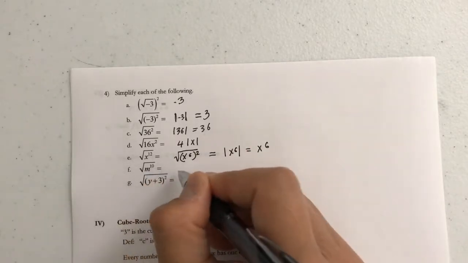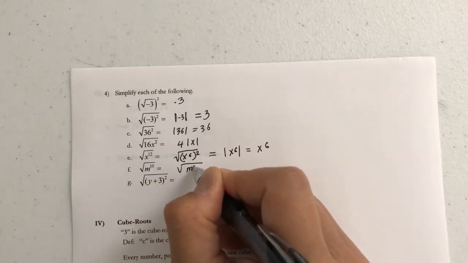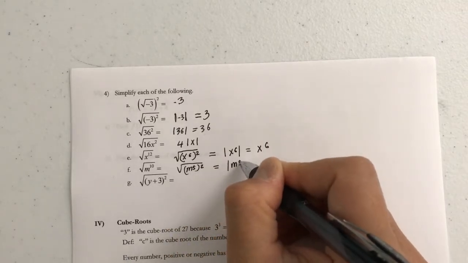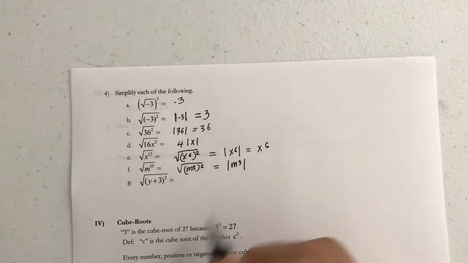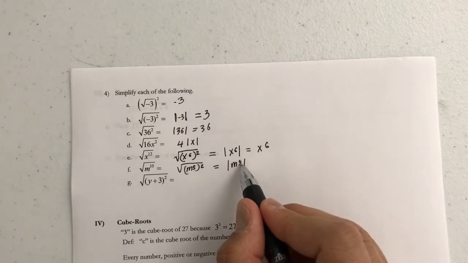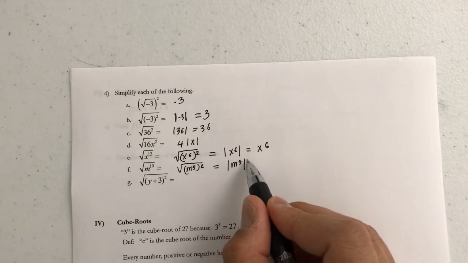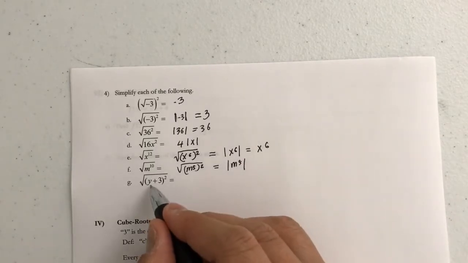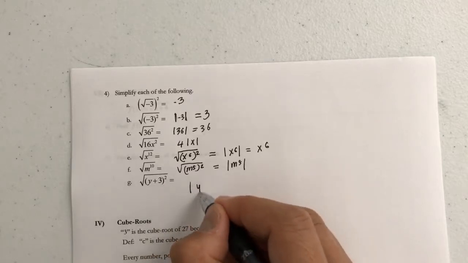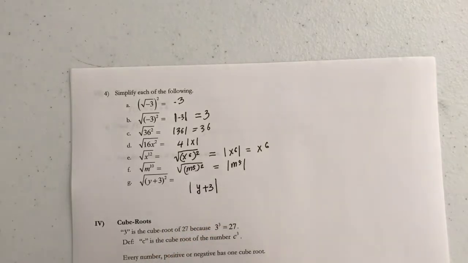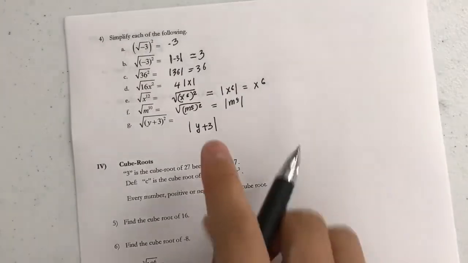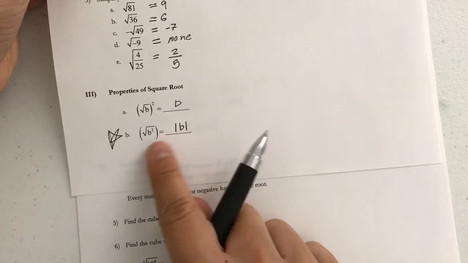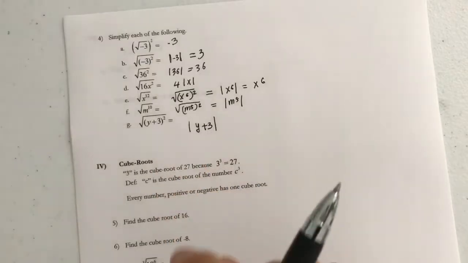The square root of m to the 10, m to the 5 squared, which equals m to the 5, and we have to leave the absolute value around it because this is raised to an odd power, so it's possible that this could be a negative number. The square root of y plus 3 squared equals the absolute value of y plus 3, like that. This is using the second property, so you have to keep that in mind because that's something that you will often make mistakes on.